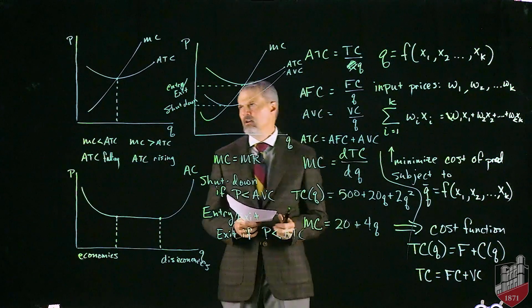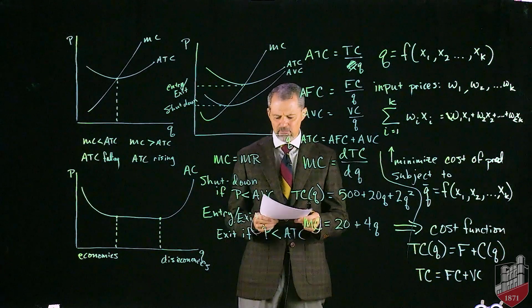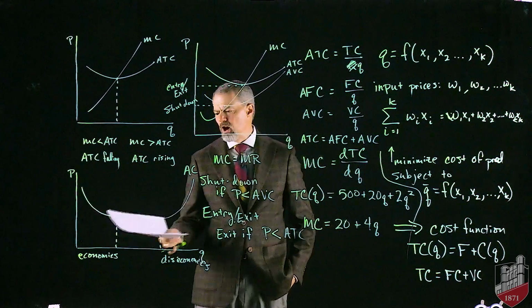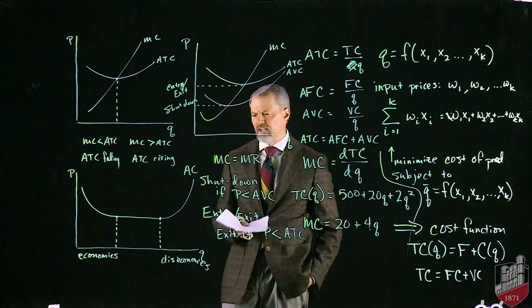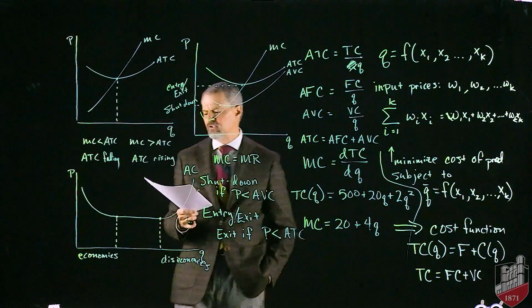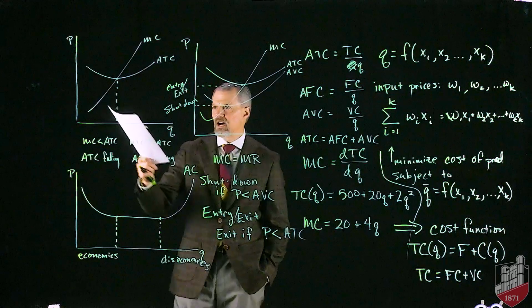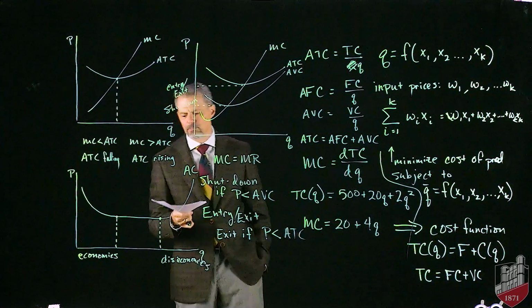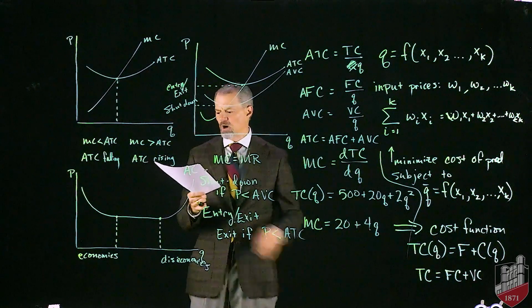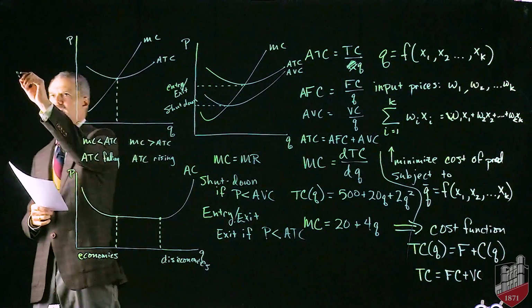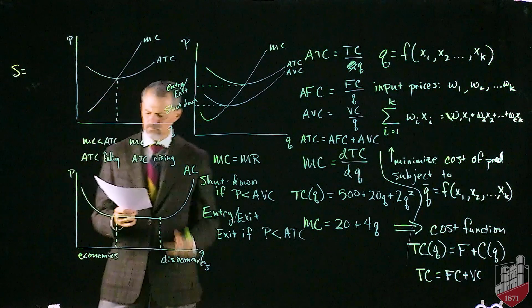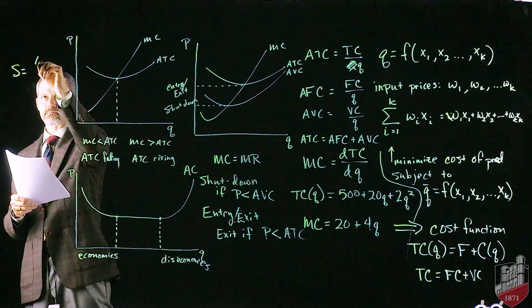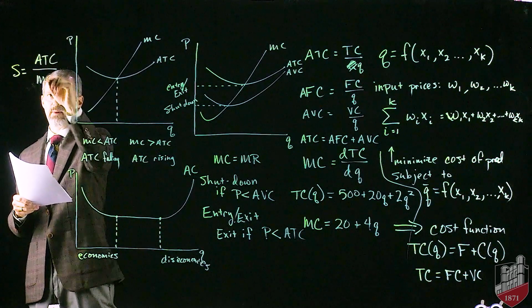So if we want to think about measuring scale economies, we can think about the relationship. I don't have a long-run marginal cost on here, but we could think about something like that. You could think about whether or not we're in this portion or this portion of that picture by looking at the relationship between average total cost and marginal cost, and we can define something that we call S, and S is going to be a measure of scale economies. It's simply average total cost divided by marginal cost.